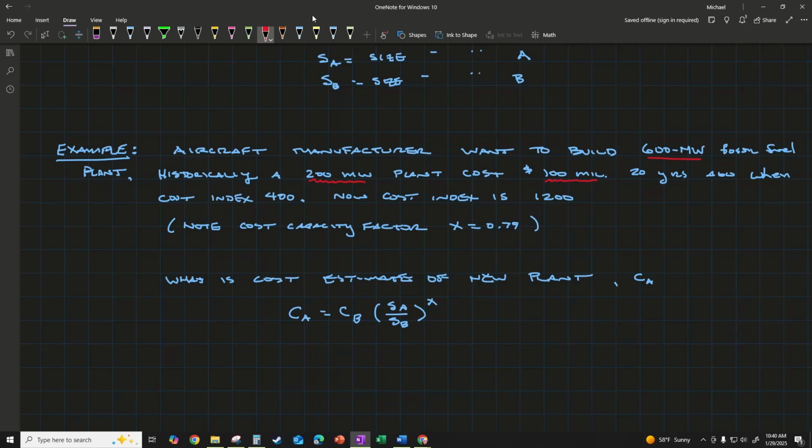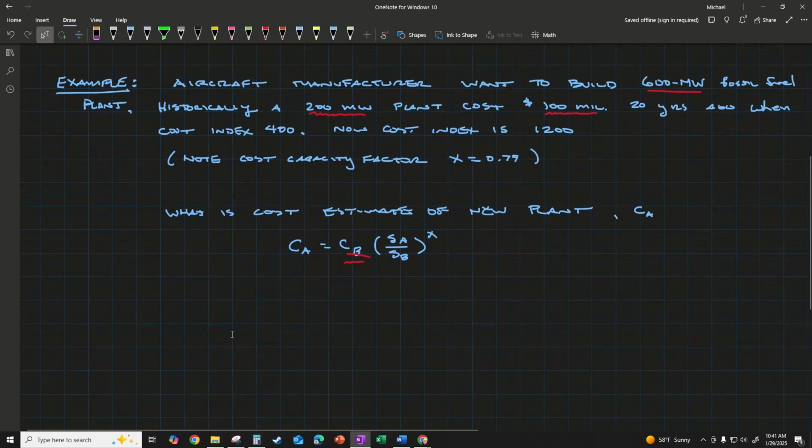So we have to figure out the cost of a 200 megawatt plant today, so we can stick it in here, and then compare using the ratio of the plant sizes and our capacity factor, X. We can then calculate our new estimate for the plant.